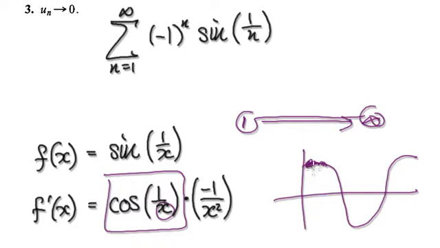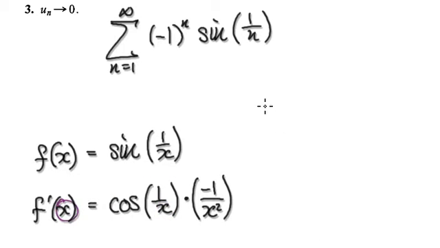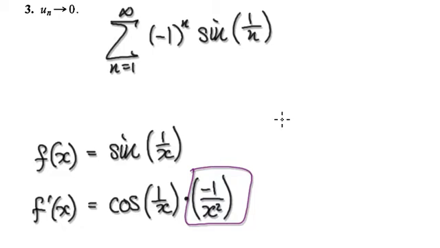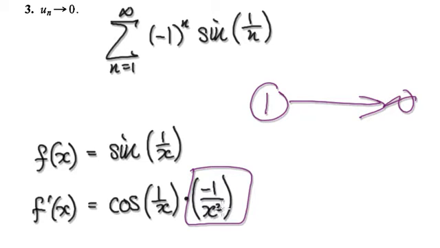You can see that it's getting closer and closer to 0, meaning it's always positive. It's never going to be negative. Then x is heading from 1 to infinity, so this thing will always be positive.